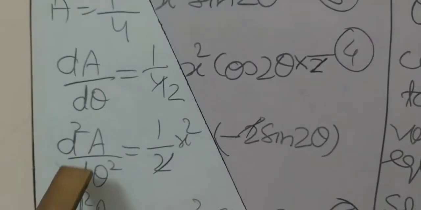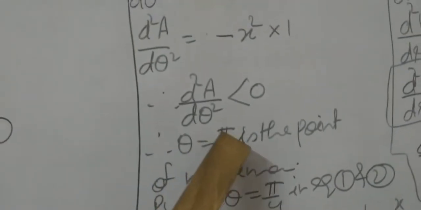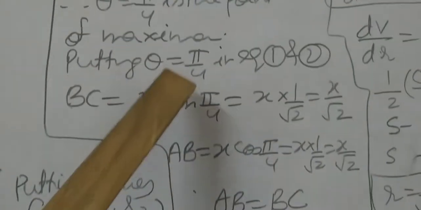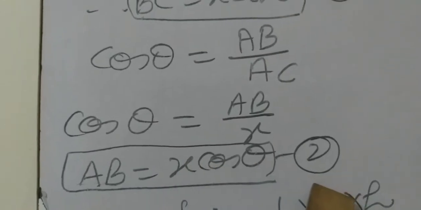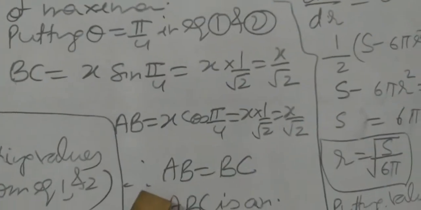Okay, and the value of theta we have put in the second order derivative to check the maxima and minima. So at theta equals pi by 4, the area is maximum. After that we put this value in the sides, equations 1 and 2, to check BC equals AB, and we have got here BC equals AB.